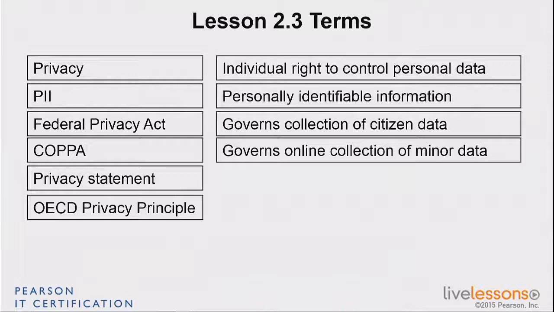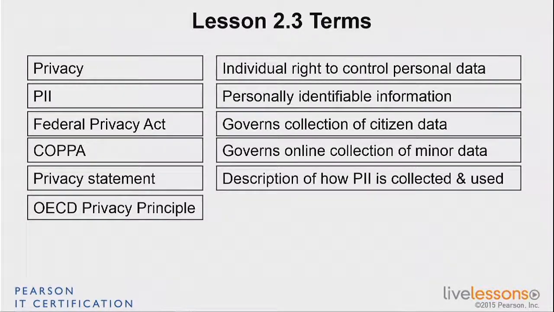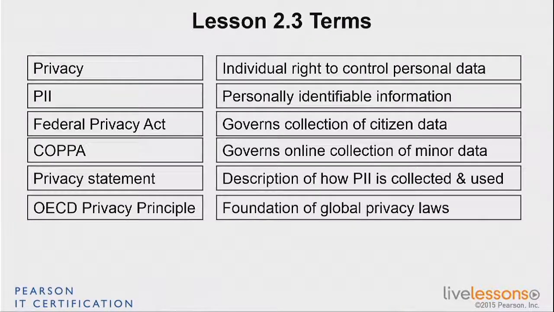COPA governs the online collection of minor data. It doesn't mean inconsequential data, it's data about minors. A privacy statement is a description of how PI is collected and used, and the OECD privacy principles really are the foundation of global privacy laws. I would expect any of those to be referenced in your examination.